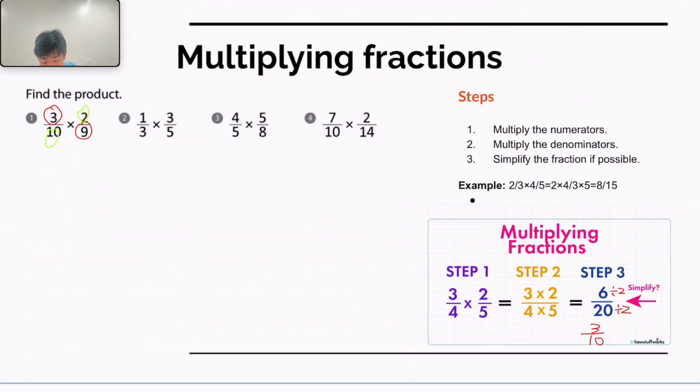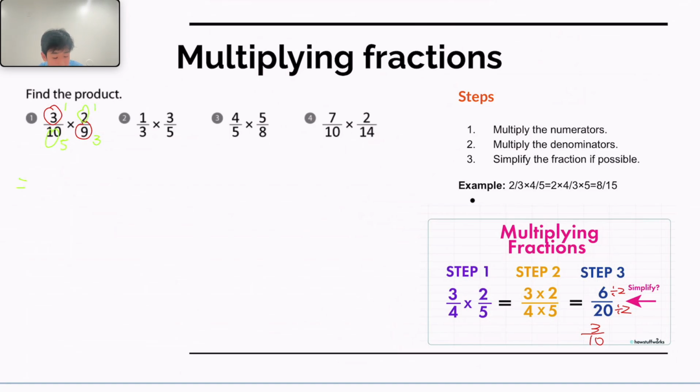In this case, 3 and 9, the greatest common divisor will be 3. So this will become 1. This is 3. 10 and 2, it will just be 2. And 2 divided by 2 will be 1, 10 divided by 2 will be just 5.